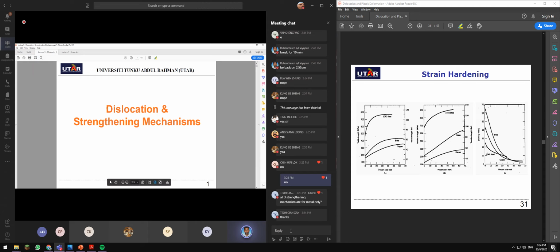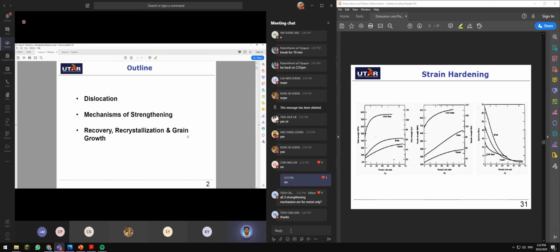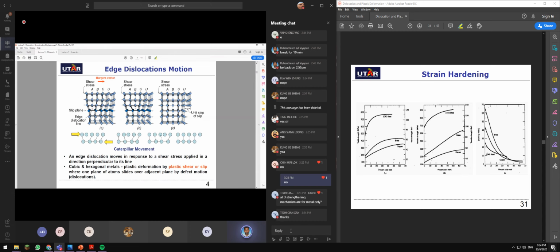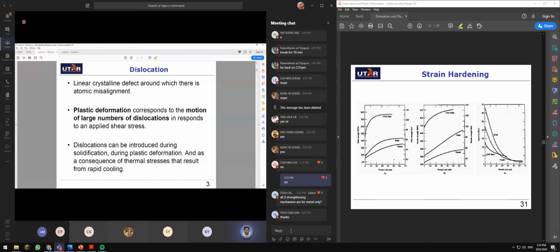So I've discussed what dislocation and strengthening mechanisms are. Dislocations are linear crystalline defects around which there is an atomic misalignment. Due to dislocation, you will have plastic deformation, and plastic deformation actually reduces the strength of the material.